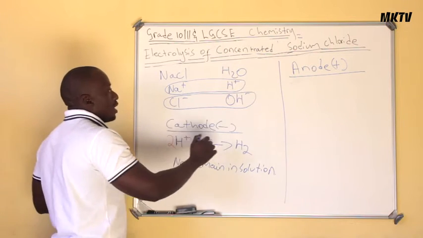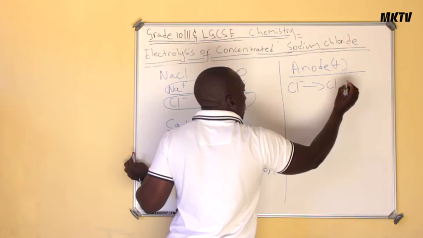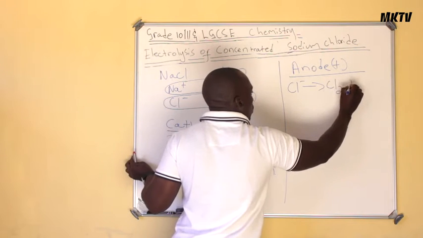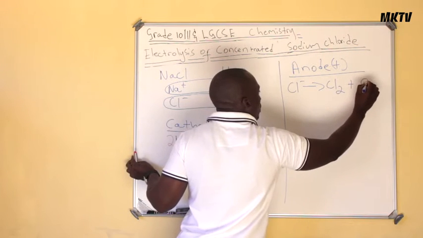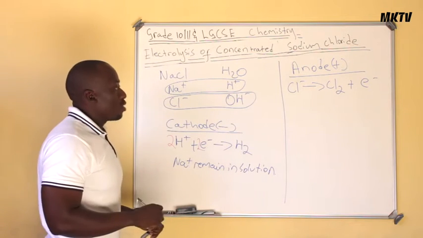Which means the chloride ions are the ones that are going to be discharged at the anode. And the hydroxide ions are the ones that are going to remain in solution.